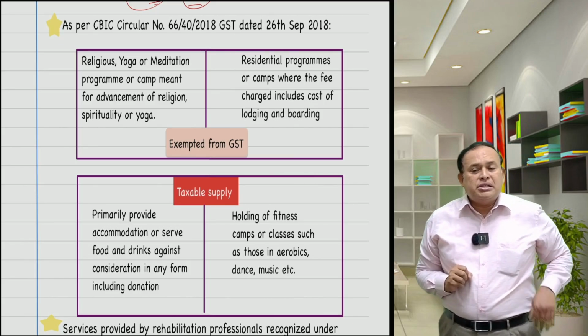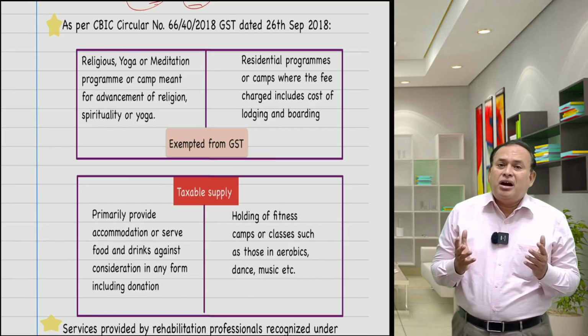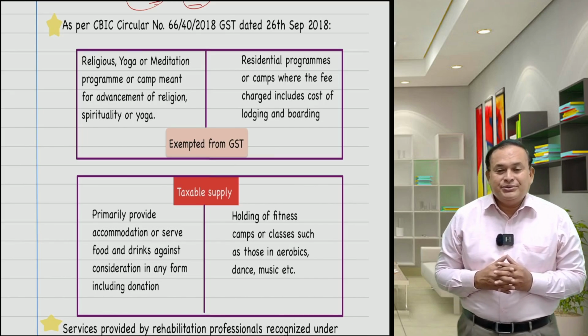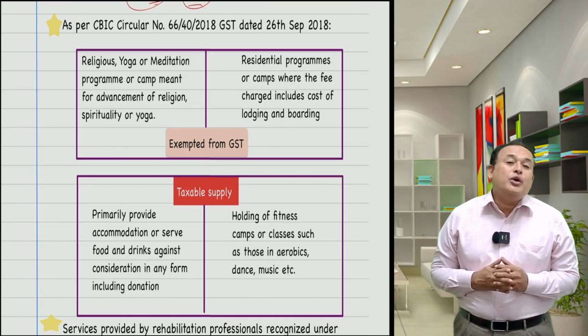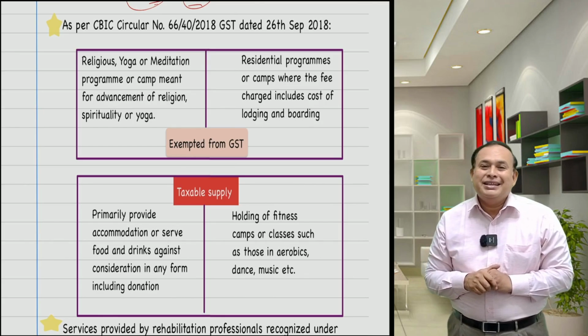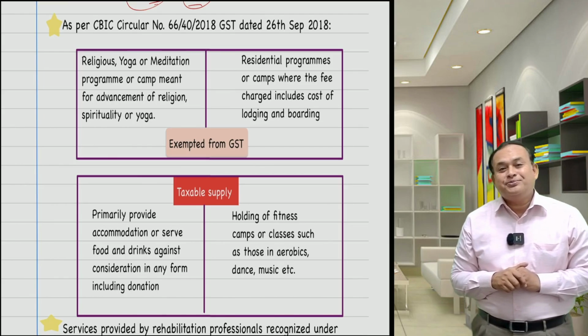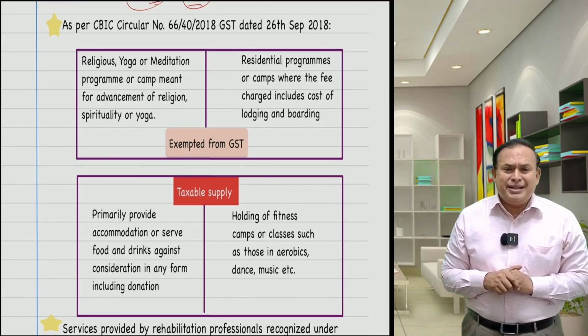Now, let us say a case where Sri Ravi Shankar, Art of Living from Bangalore, they want to have advancement of yoga, 5 days residential camp, where? In Chepauk Stadium, Chennai. Section 12A entity it is.